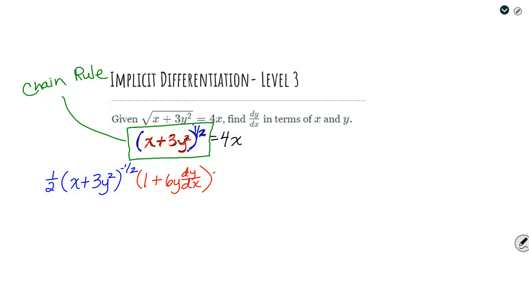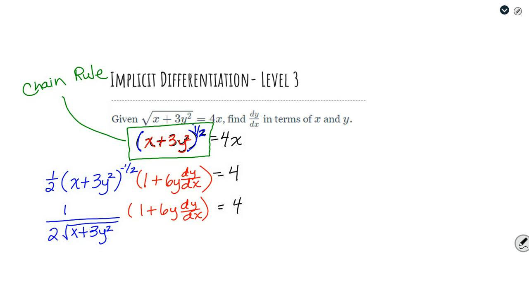And then equals the derivative of 4x, which is 4. Okay, so it's kind of hard to see because there's some parentheses, and do I need to distribute or not? So I'm going to turn this back into a radical expression: 1 over 2 square root of x plus 3y squared times the 1 plus 6y dy/dx. Then bring down the equals 4.